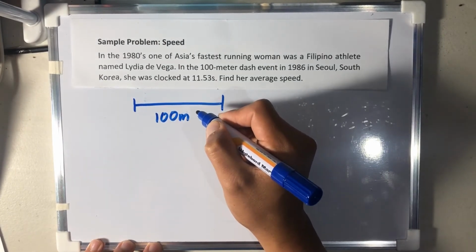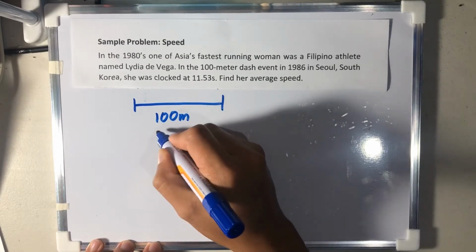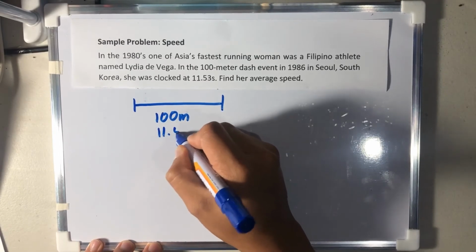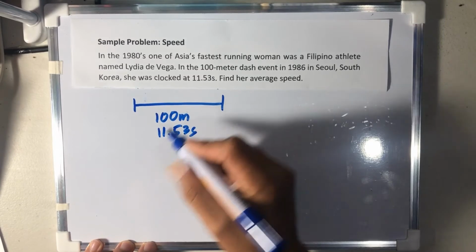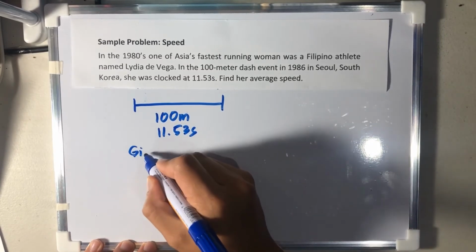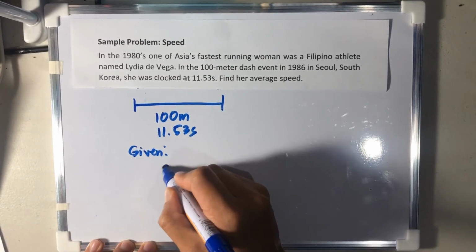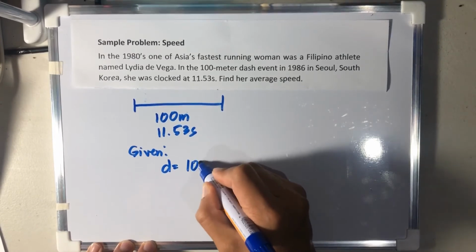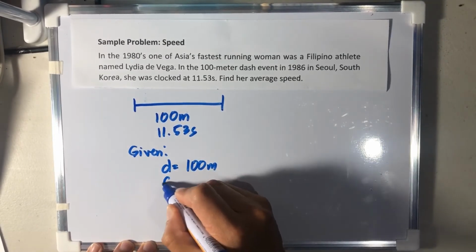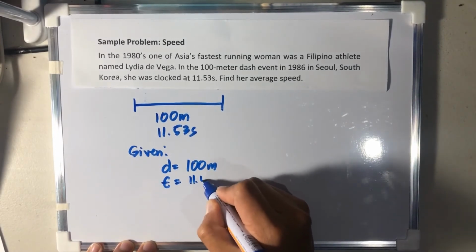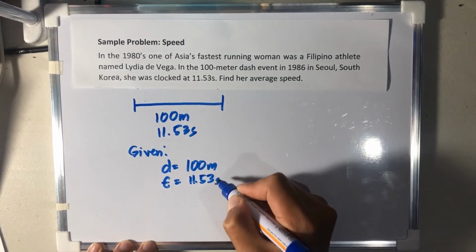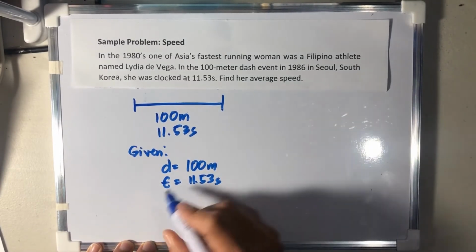and Lydia is able to run the 100-meter dash in 11.53 seconds. So the givens in this problem are the distance, which is 100 meters, and the time, which is 11.53 seconds, and we are looking for the average speed.